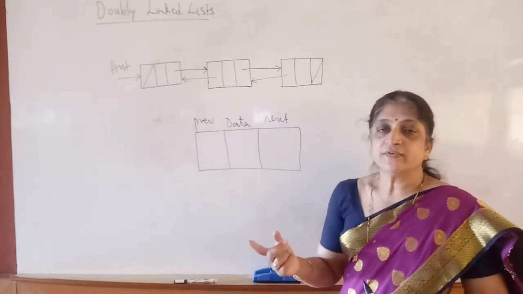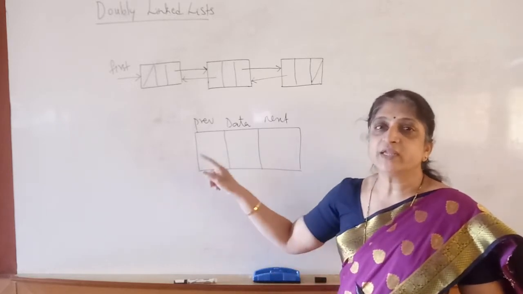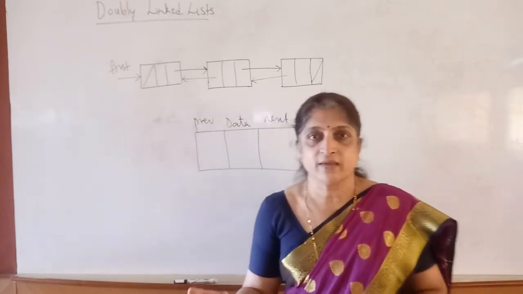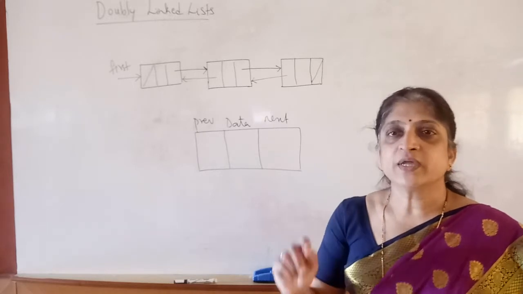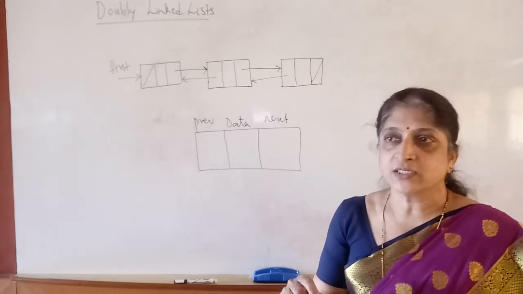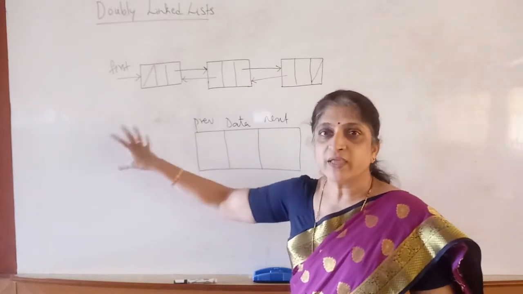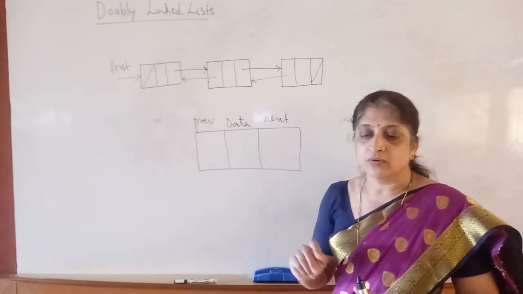Now, whenever we are traversing a linked list, we can traverse it in both the directions. Whereas in case of a single linked list, there is no way we can go back from a given node. In a doubly linked list, we can go either to the node before the current node, or to the node after the current node.